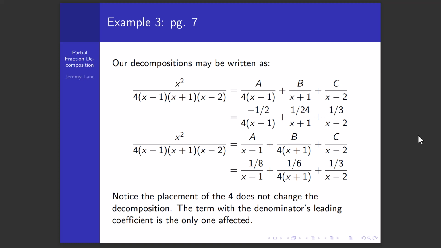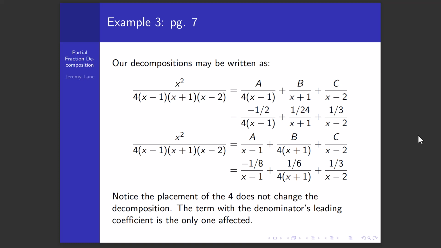That's if you put the 4 underneath the a value that we tried to find. When you put the 4 under the b value that we tried to find, we ended up with -1/8 divided by x minus 1, plus 1/6 divided by 4 times x plus 1. So here you can see how the values of the coefficients are different, based on the placement of the leading coefficient.